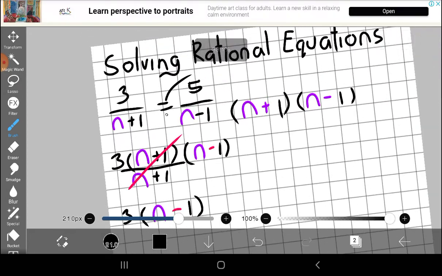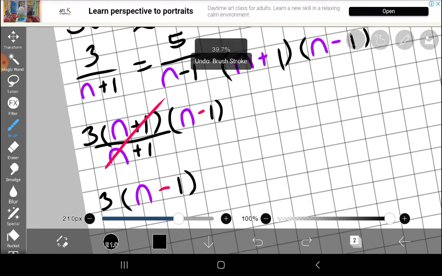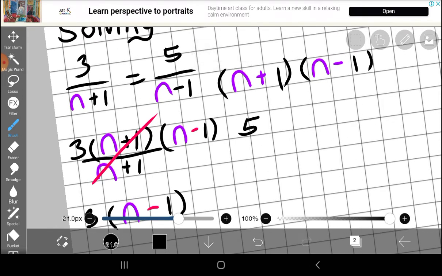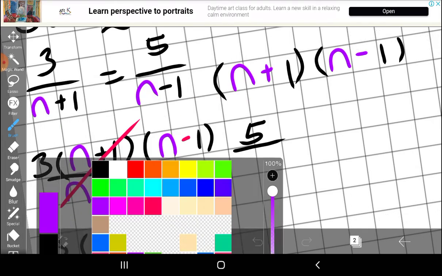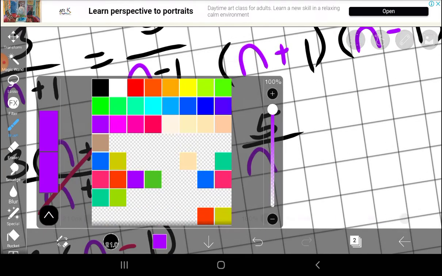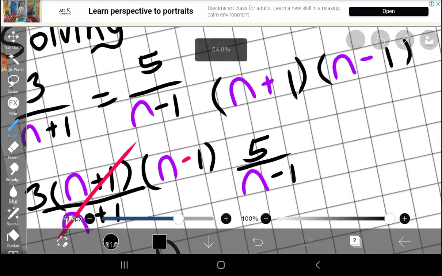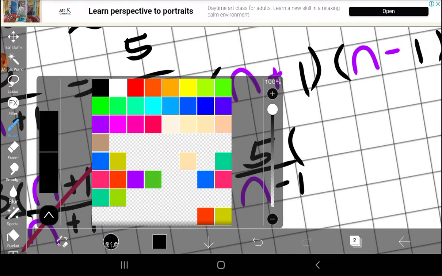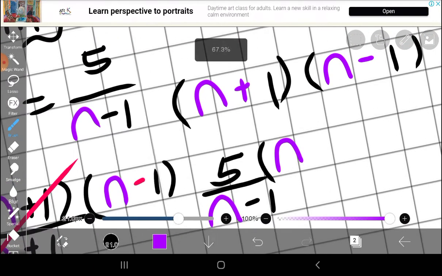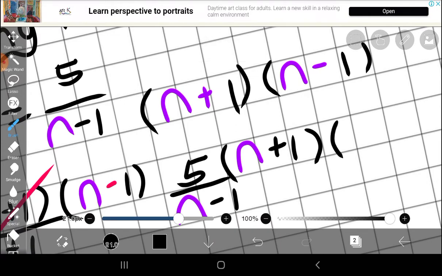And then the second one, let's rewrite it first. 5 divided over n negative 1. Now let's multiply n plus 1 multiplied by n negative 1.